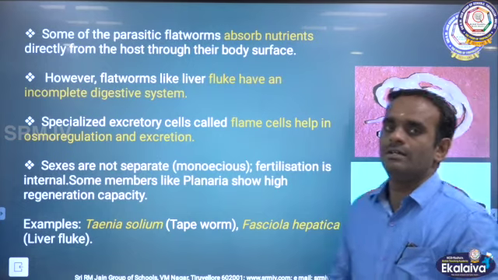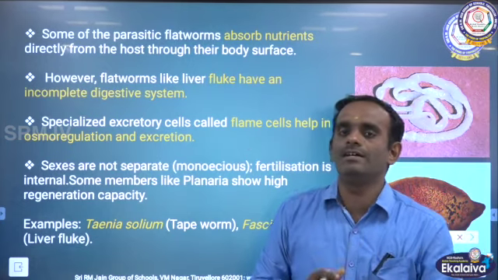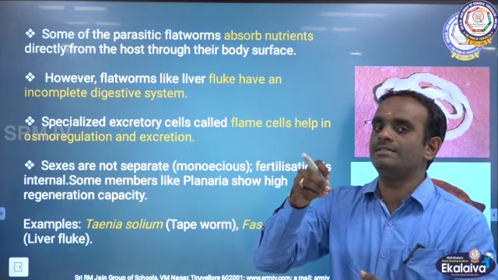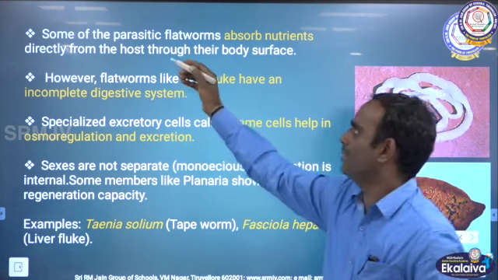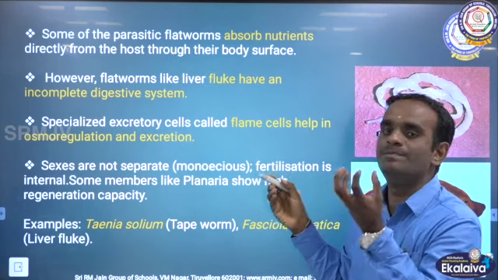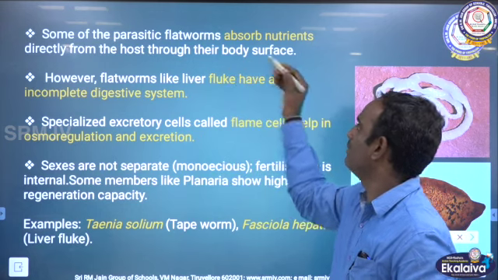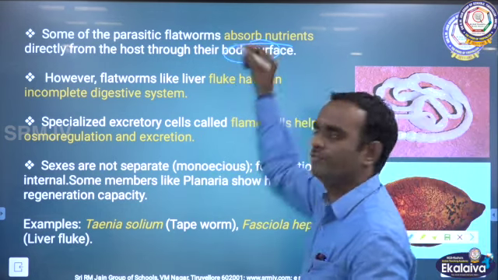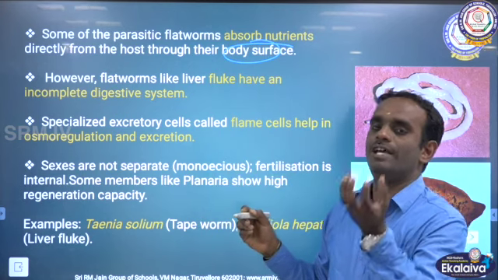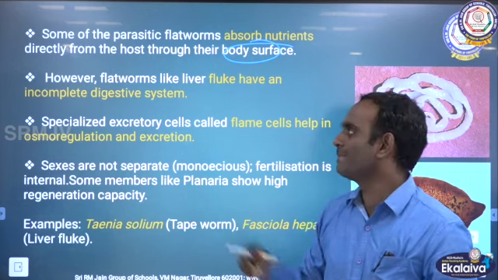See here, some of the parasitic flatworms. As I said earlier, parasite means it depends on other organisms for food. So some of the parasitic flatworms absorb nutrients directly from the host through their body surface. Clear?